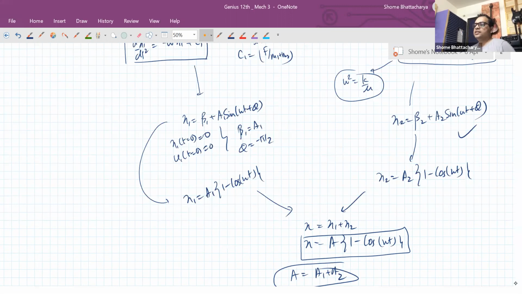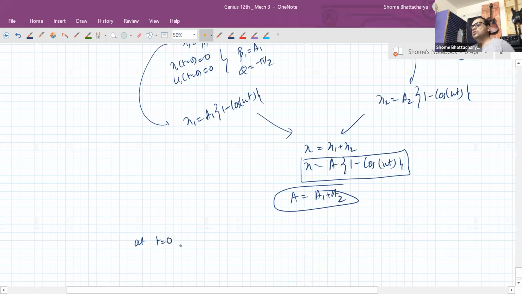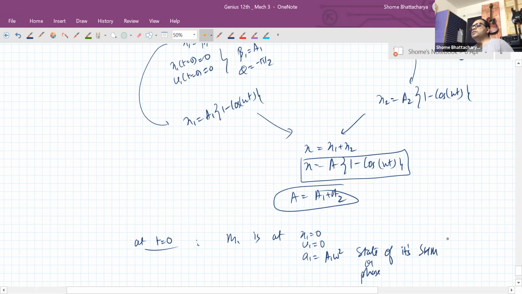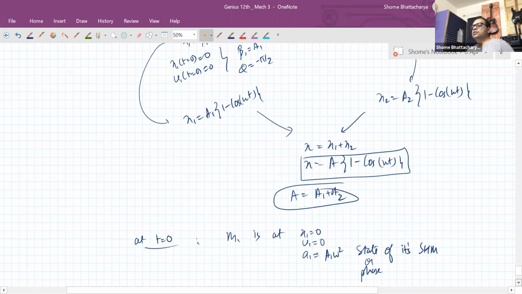Okay. Now also we can see at the initial moment at t equal to 0, m1 is at x1 equal to 0, v1 equal to 0, and acceleration equal to a1 omega square, the extreme state of its SHM. Okay, state or phase you can say. That is the extreme position. So whatever acceleration we calculated from FBD, that is now giving us a1.